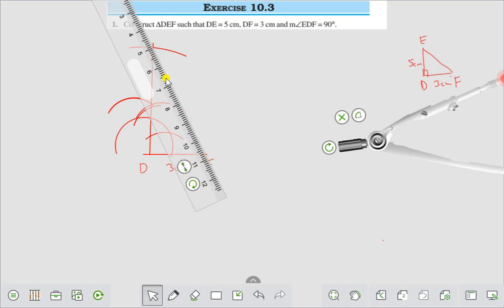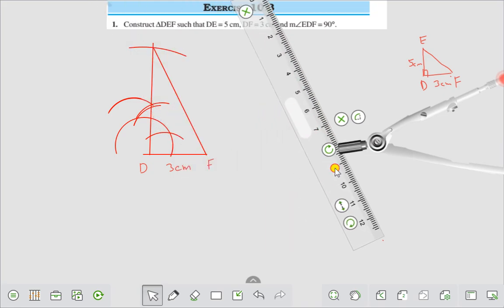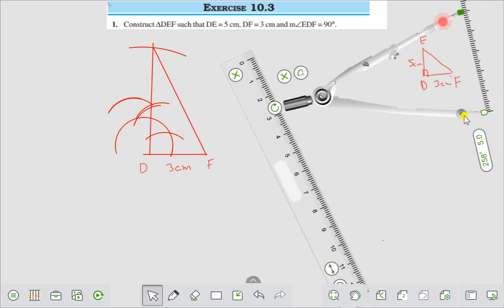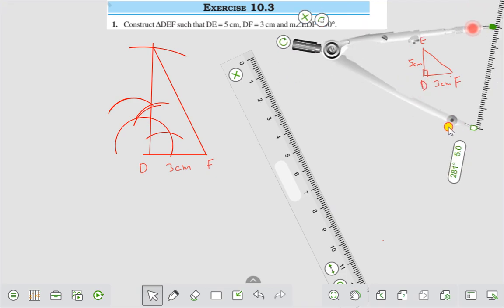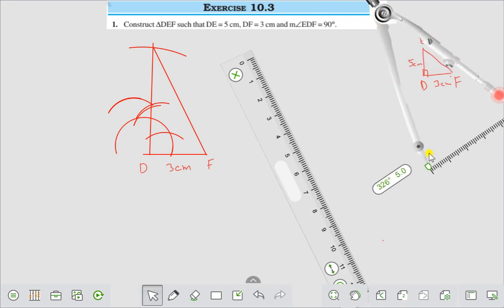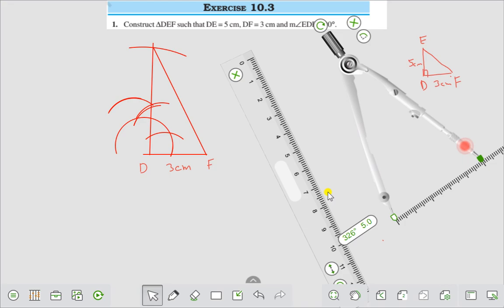Now this is the required triangle. If we write the names, this is D, this is E, and this is F. Here you see that DF is 3 centimeters, DE is 5 centimeters, and this angle is 90 degrees.